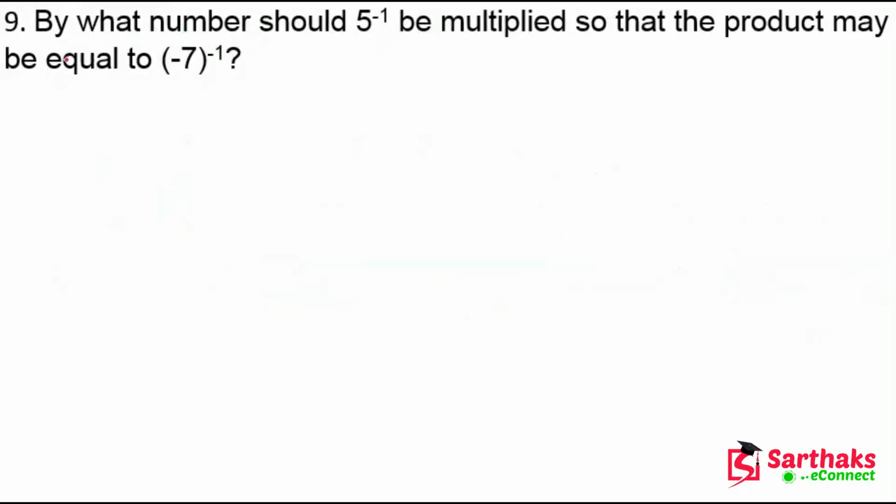Yes. Now the next question: by what number should 5 raised to power minus 1 be multiplied so that the product may be equal to minus 7 raised to power minus 1. Now let us consider a number x.